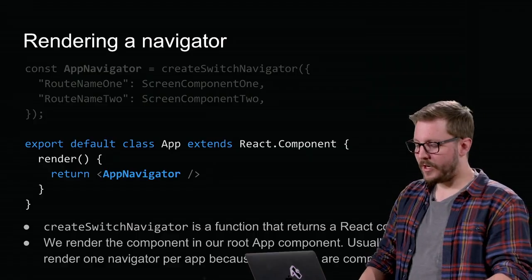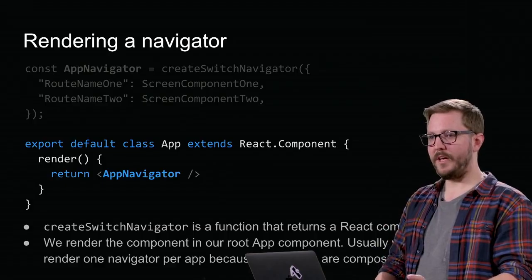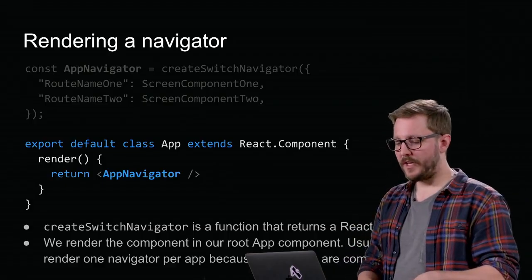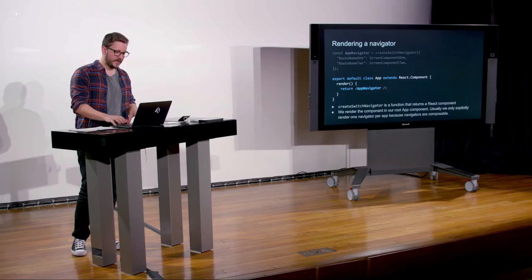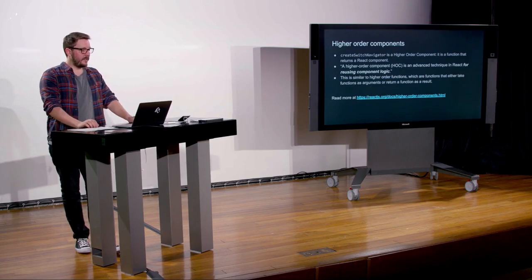So this is kind of a new concept here, the idea of createSwitchNavigator as being a function that returns a component. So I just wanted to take a moment to explain what that is exactly. createSwitchNavigator is a higher order component in that it is a function that returns a React component.